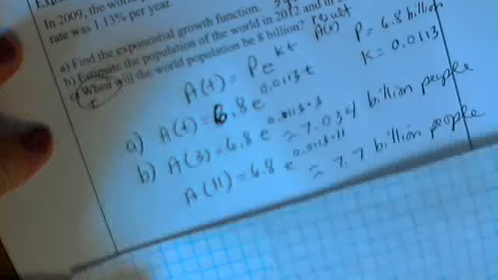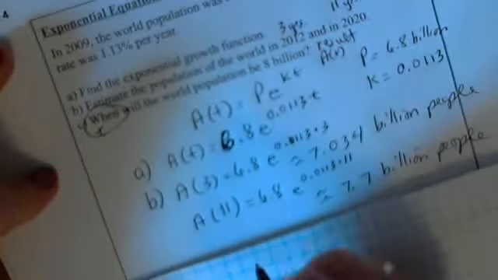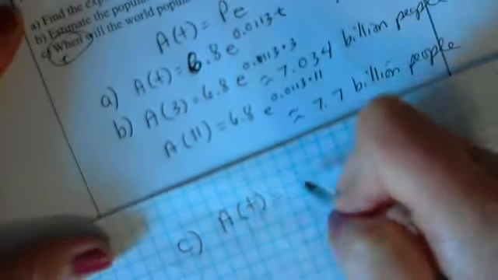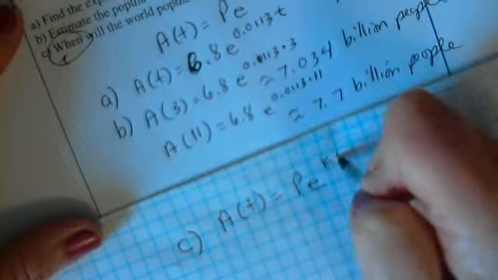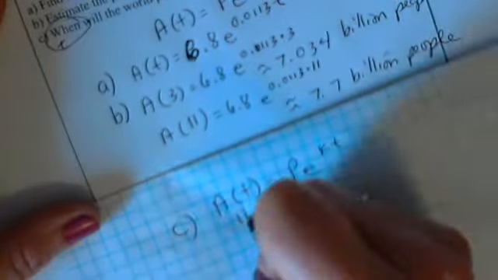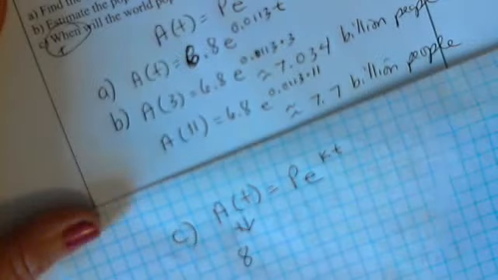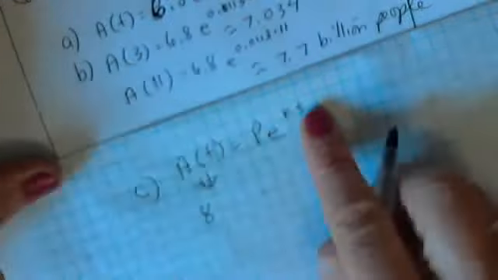We know that 8 billion is A of t. So if we look at the function now, let's recopy it. A of t equals P times e to the kt. This time we know A of t. We know the result. It's 8 billion. Okay? And what we don't know is the when. We don't know the t.